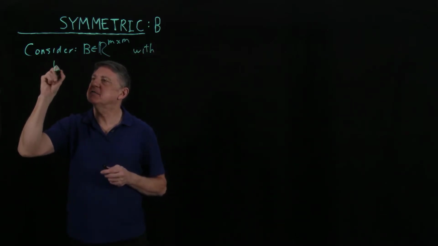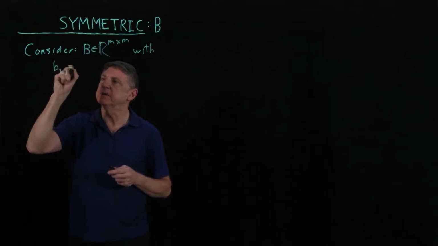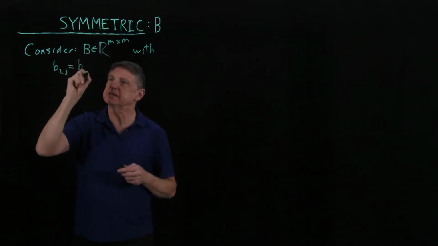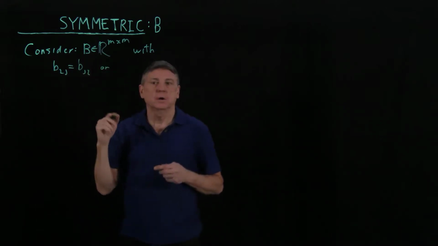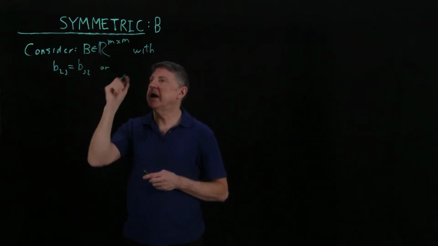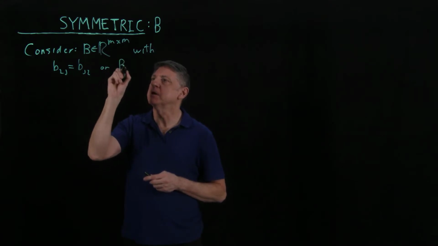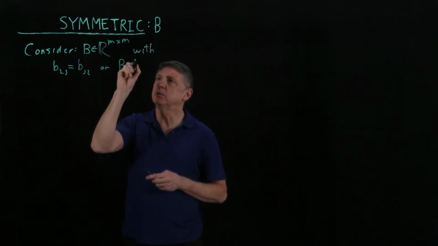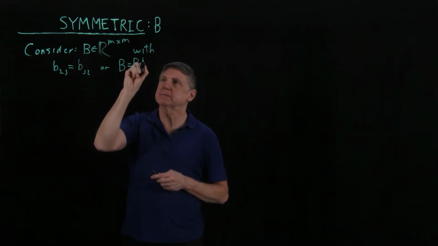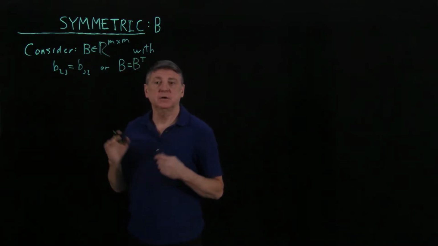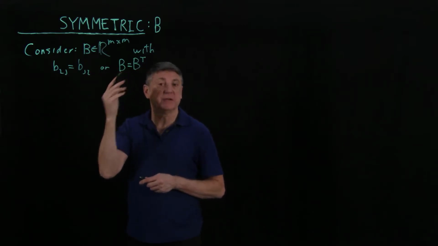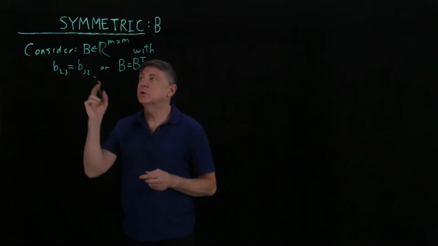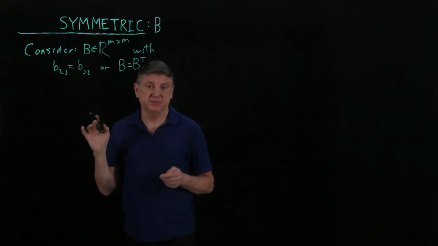We could say that entry ij of the matrix is the same as entry ji, or this would be by entries, or as matrices with properties, we could say that B is equal to its transpose. And in either case, whether we use entries to define it or we use a matrix equation to define it, we'll call this a symmetric matrix.